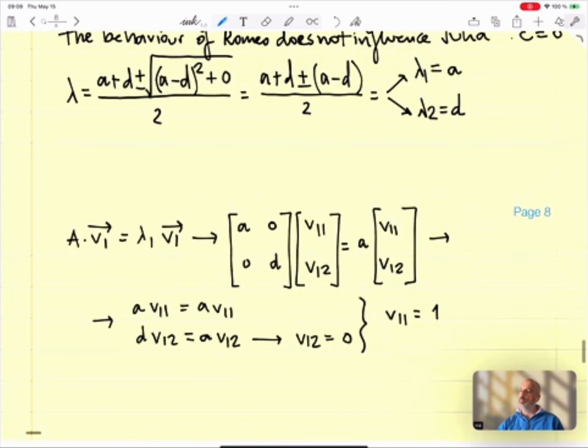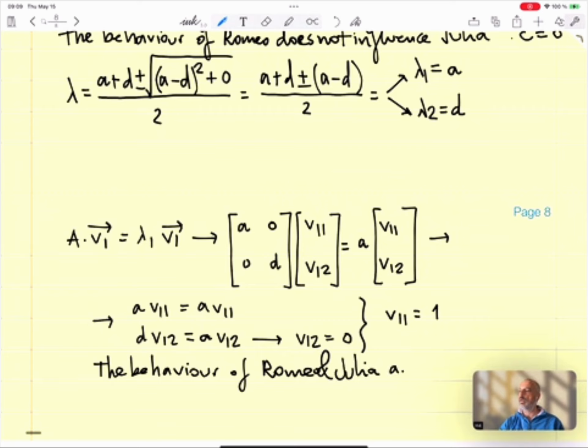Okay, so this means that the behavior of Romeo and Julia are independent.